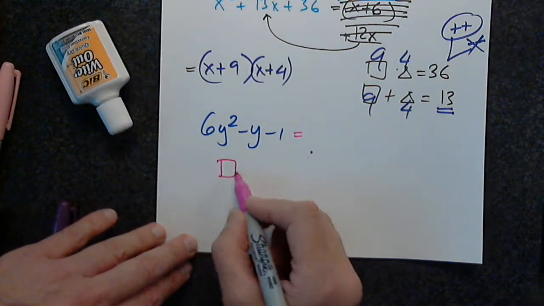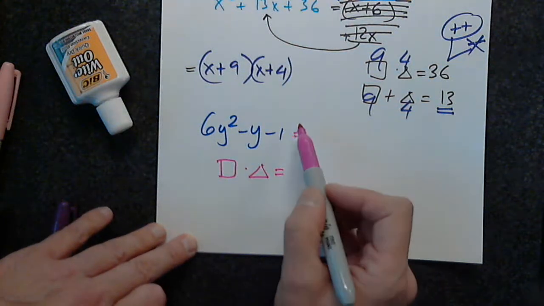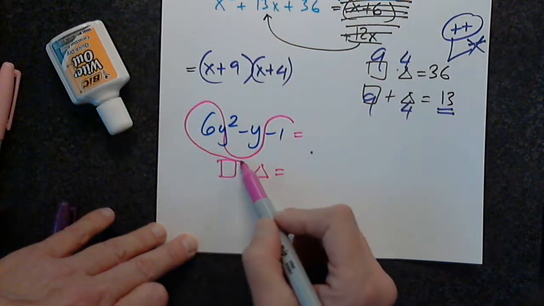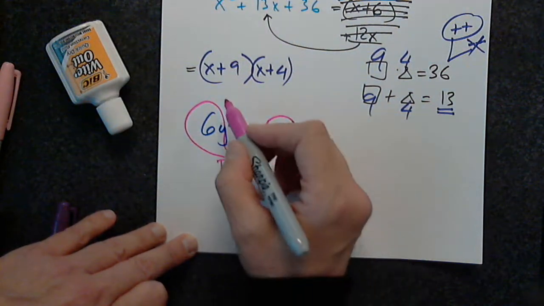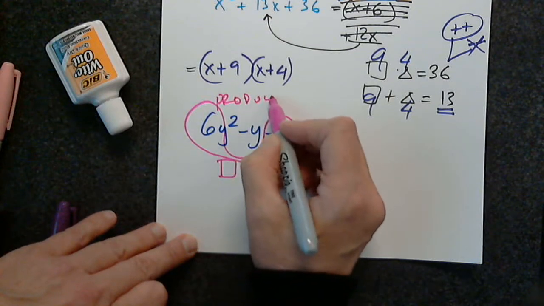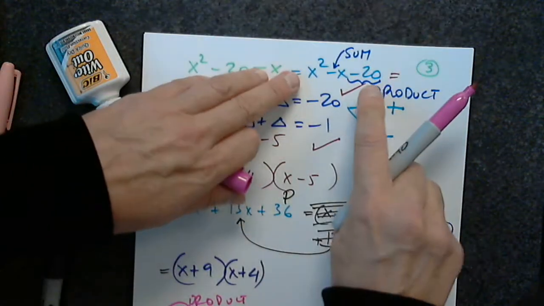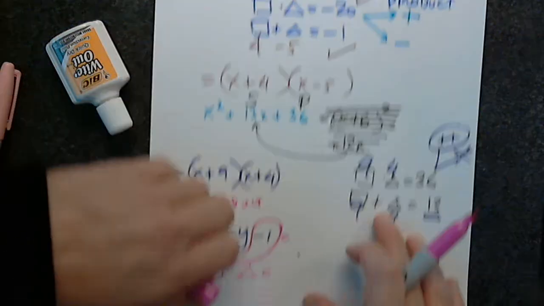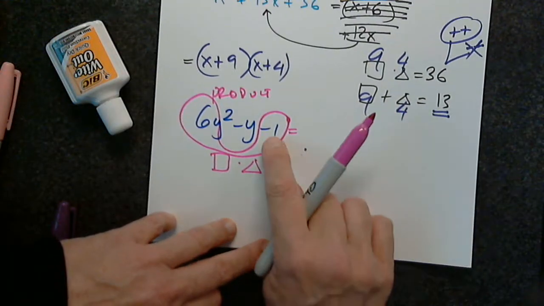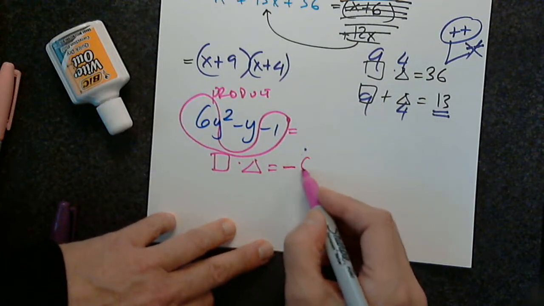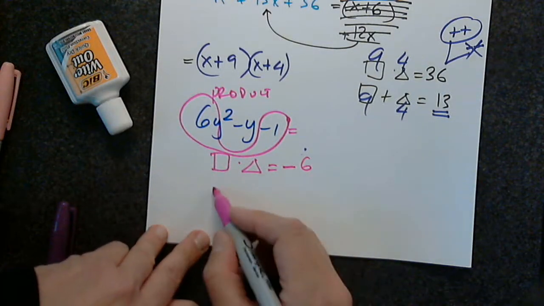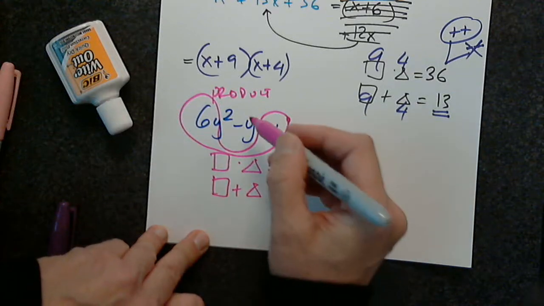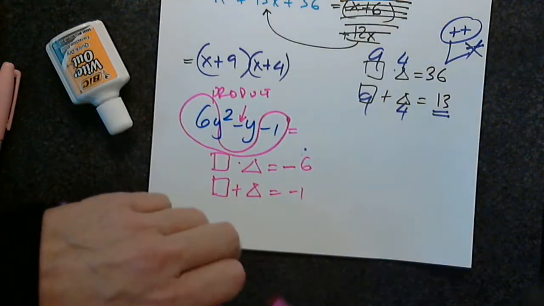Okay, in this case, we are looking for two numbers whose product is this product. Here we have negative 1 times 6, which is negative 6. The sum does not change. The sum is always the same, in this case negative 1.